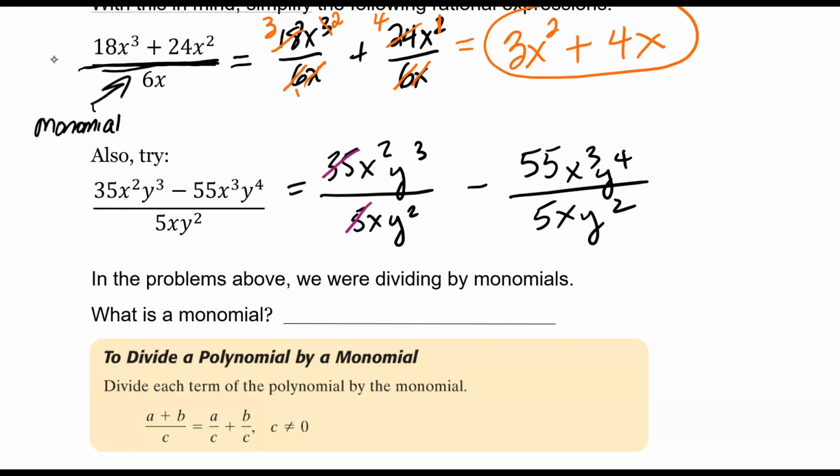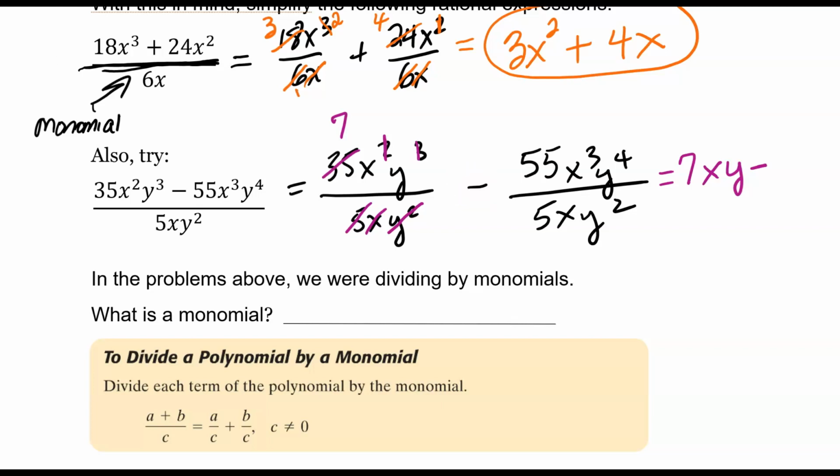So again, we can make some changes here by simplifying. So 5 goes into 35 7 times. We can cancel out an x. We can cancel out actually 2 y's here, right? We can cancel out y squared from top and bottom, leaving us with 7xy for that part. And then we have a minus, of course, here.